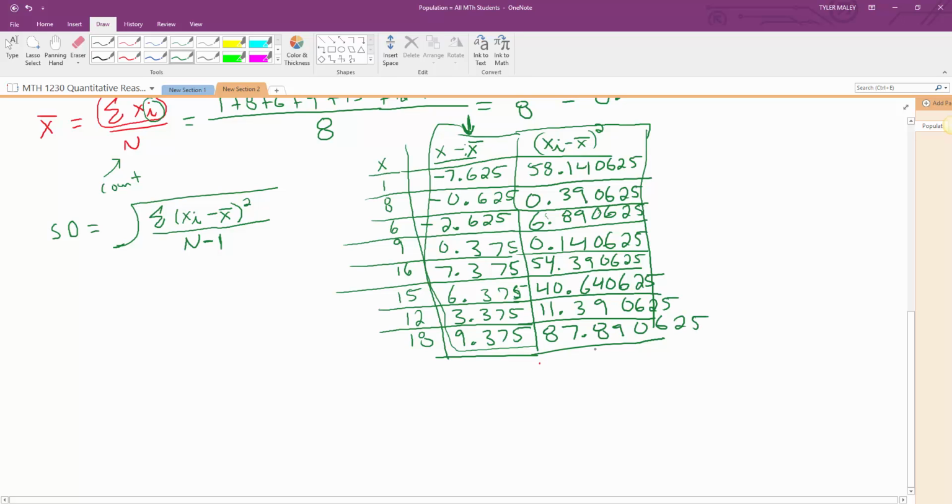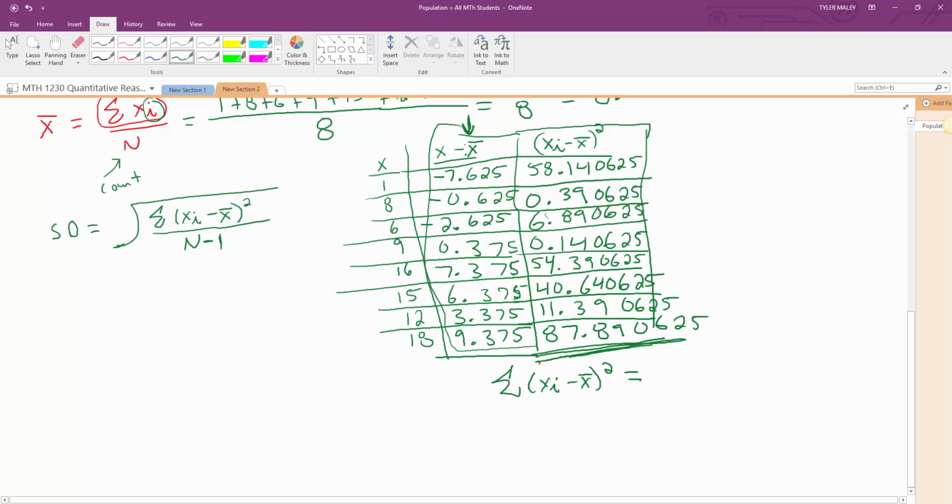Right? So now I want to sum this column. This would be the sum of the x i's minus x bar quantity squared, summing all of these up. So add all these up in the calculator and see what you get.